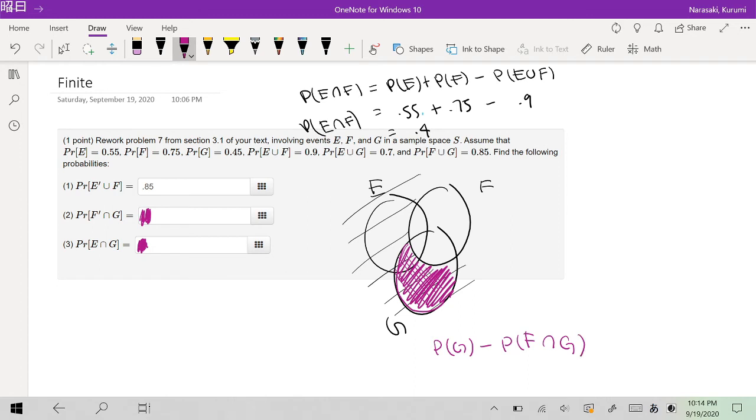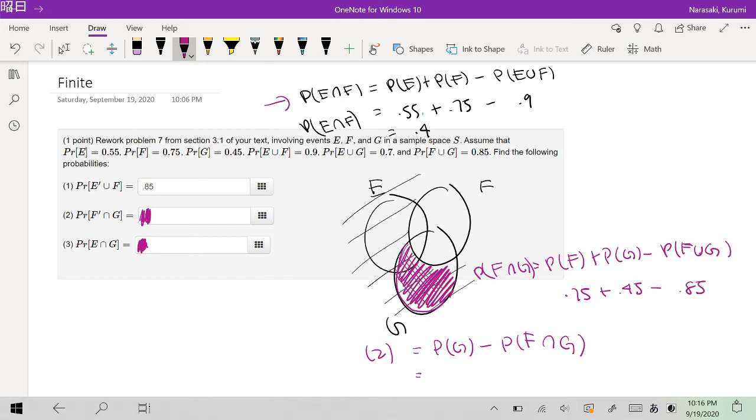So that's what this second part is, question 2. We know how to find F and G. We can just use the same formula that we used for number 1. So F and G is equal to probability of F plus probability of G minus the probability of F union G. So probability of F is 0.75, probability of G is 0.45, minus the union of F and G, which is 0.85.